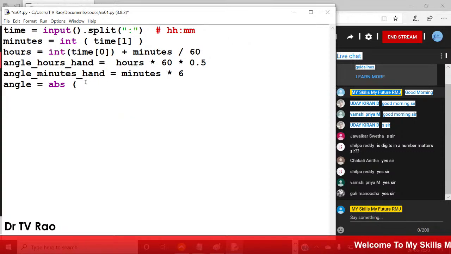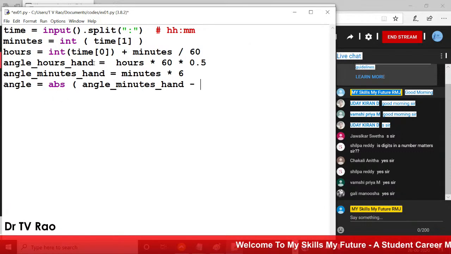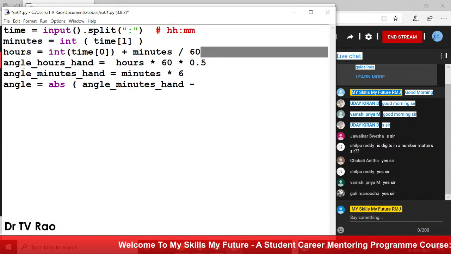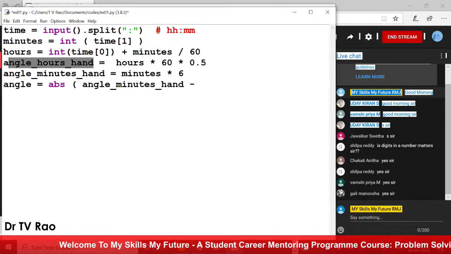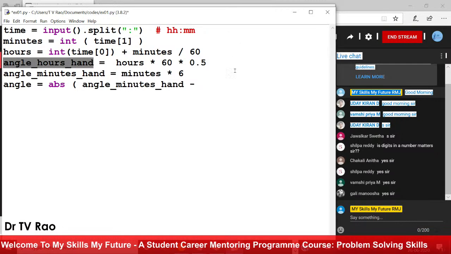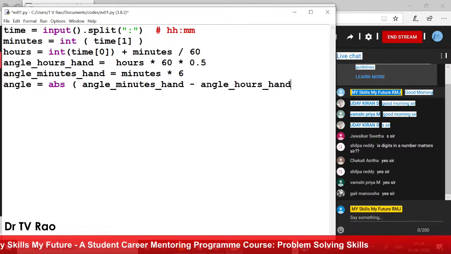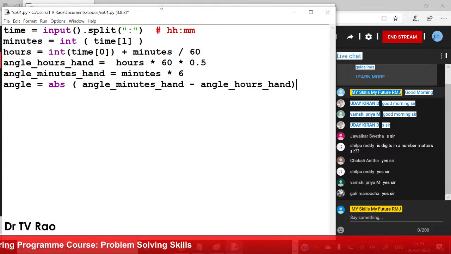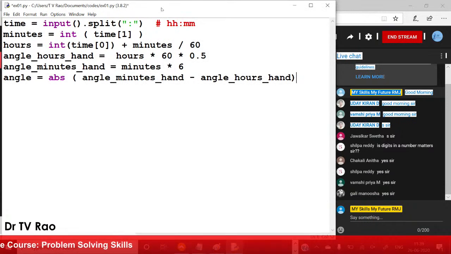Okay, take the absolute value. Where is absolute? It is in the math module. So import math.